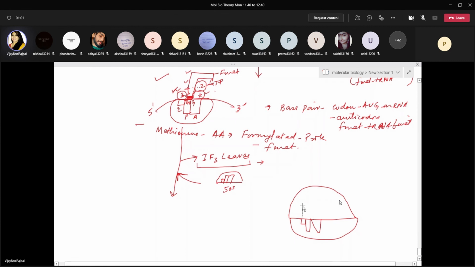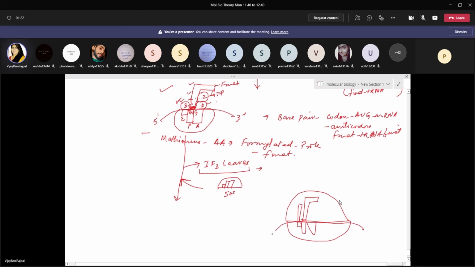You have the E site. Here you have the FMET tRNA. In between is your mRNA, 5 end to 3 end.